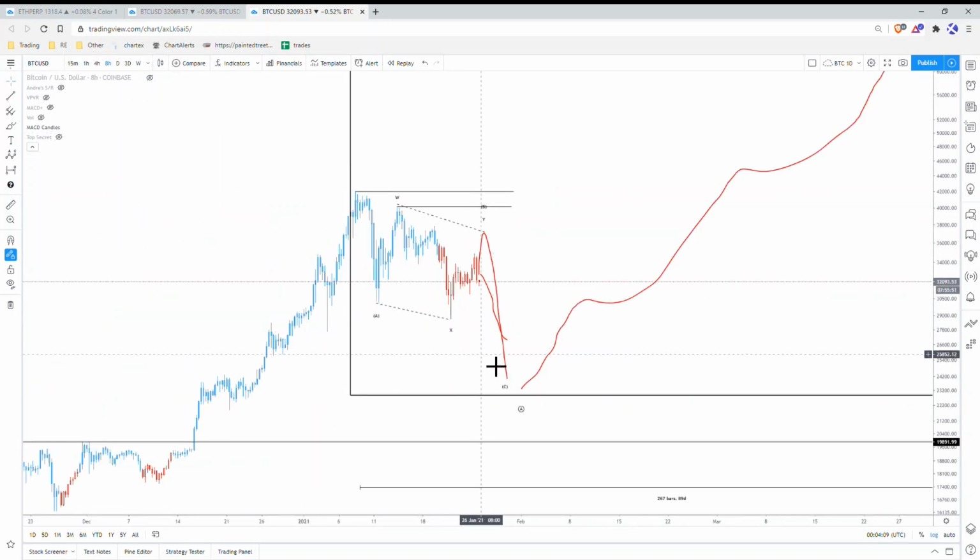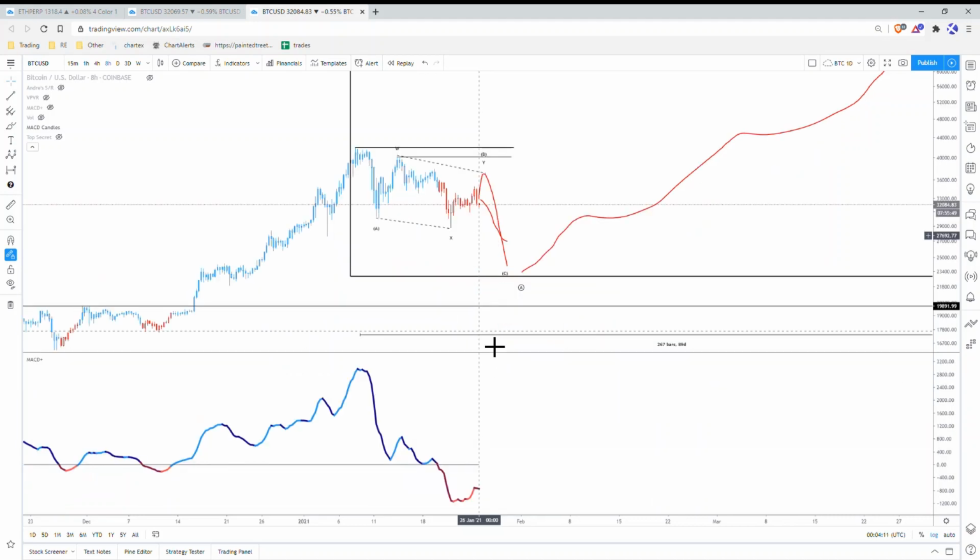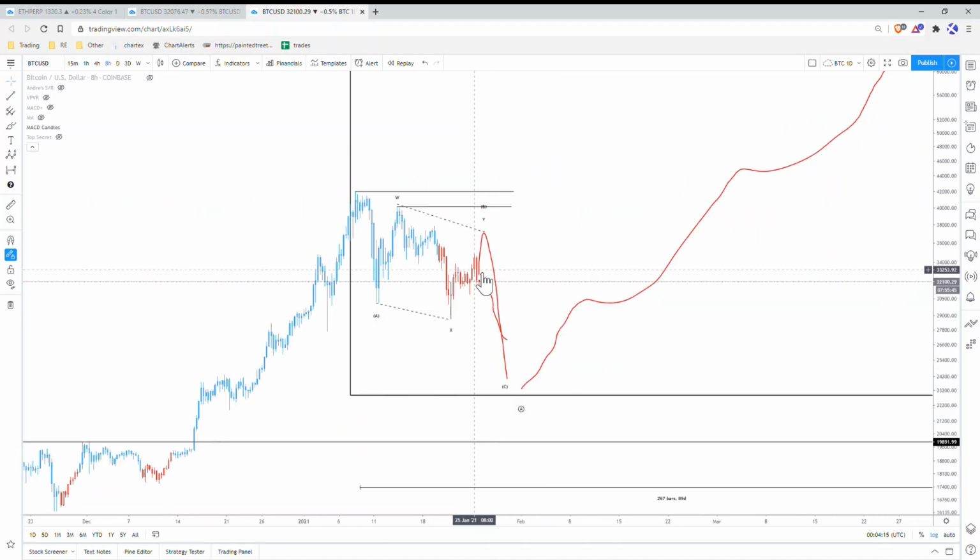On the 8-hour, we are red. I don't want to see the 8-hour flip positive before this move down. If the 8-hour flips positive, then we're most likely continuing to the upside as well.